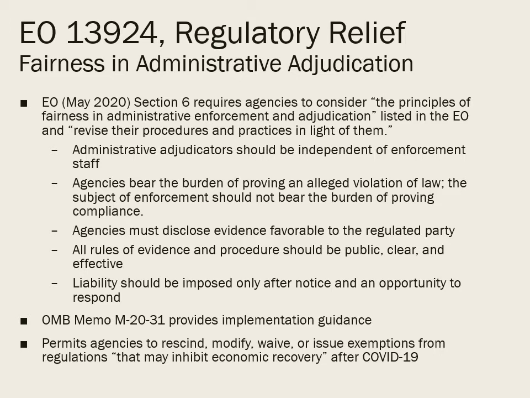There's also an OMB memo that provides implementation guidance. And so I've got those posted in the classroom if you want to take a look at this executive order or the OMB memo.